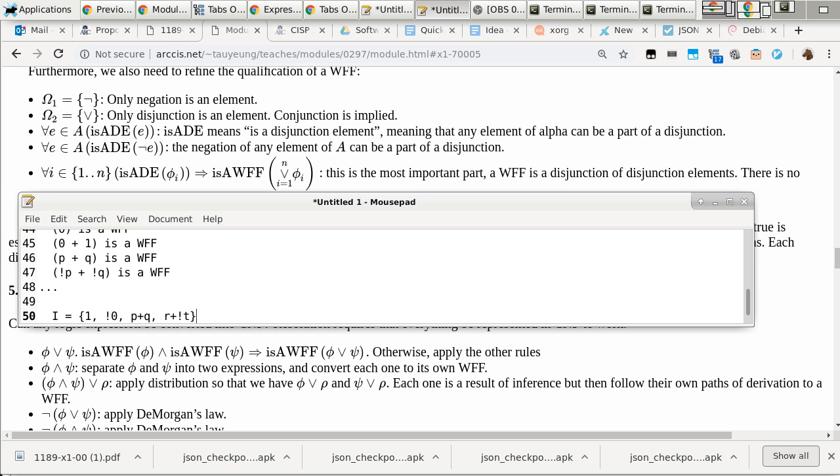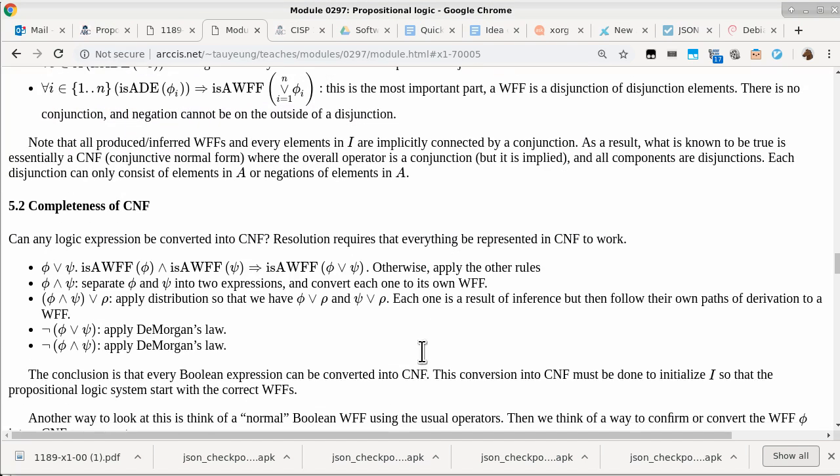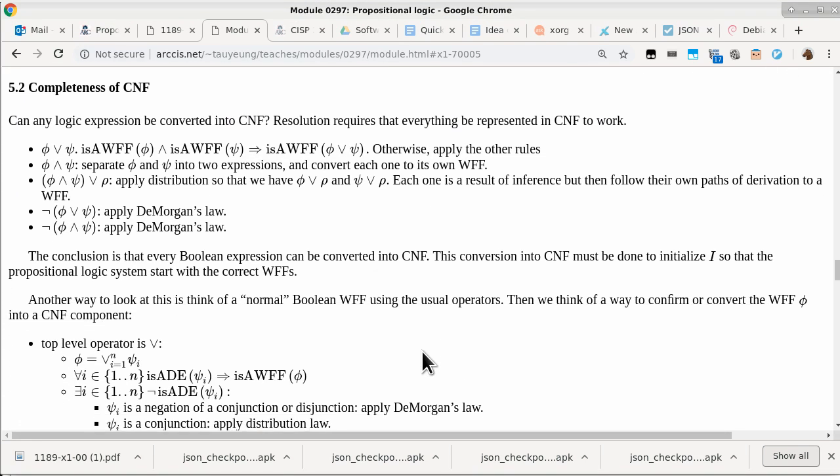My conjecture, without proving it in today's class, is in section 5.2: if you give me any valid Boolean expression using all of the other operators nested in any legal way, there is a way to convert it so that I end up with a conjunction of well-formed formulas. That's a pretty big claim.